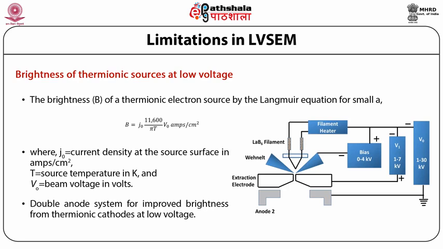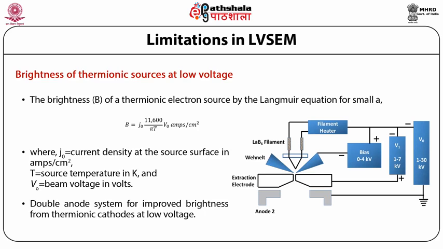Changing the gun geometry involves either reducing the gap between the Wehnelt and the anode using an anode spacer, or a mechanism to actually move the anode towards the cathode, or addition of more anodes to the gun. A double anode approach and installed extraction anodes of various shapes and spacings between the Wehnelt and the normal anode are generally used.